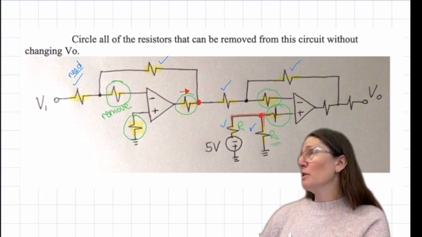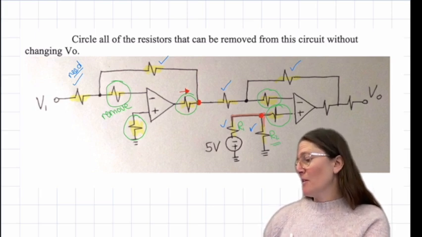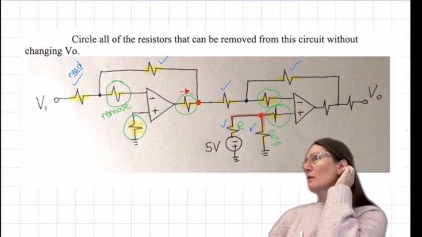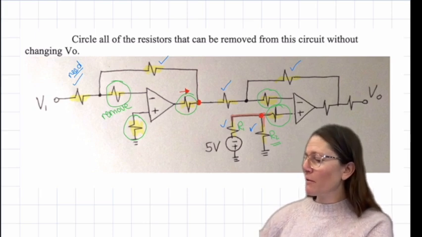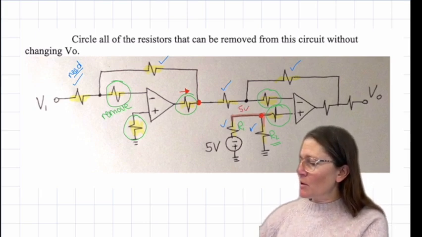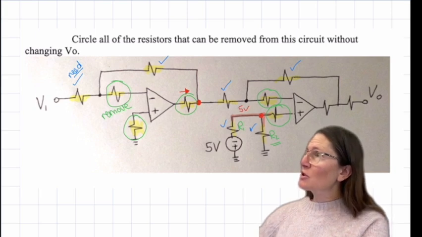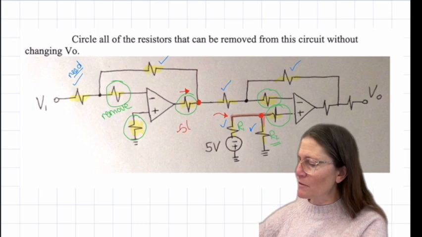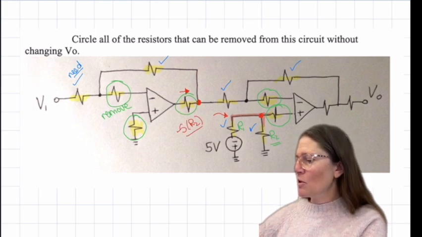So this R2 one? Yes. So if you remove R2, then there's no current going through R1, and this red one would be 5 volts, which is different than if I have R1 and R2, because the voltage here is going to be the divider, -5 times R2 over R1 plus R2.